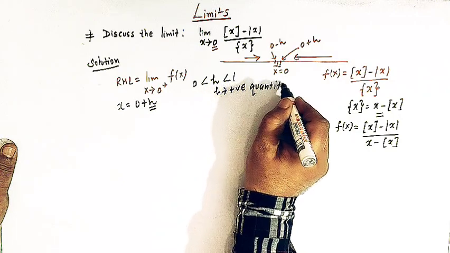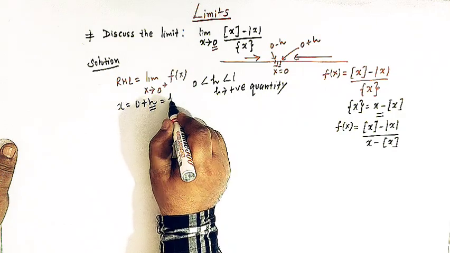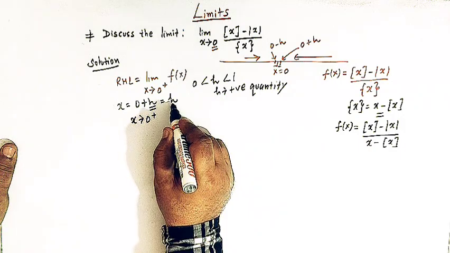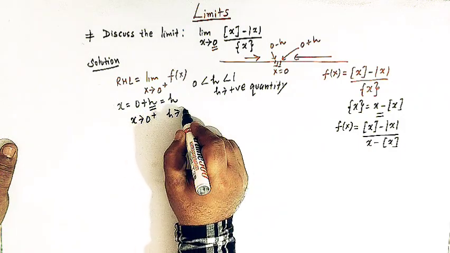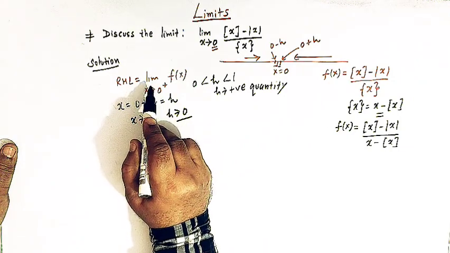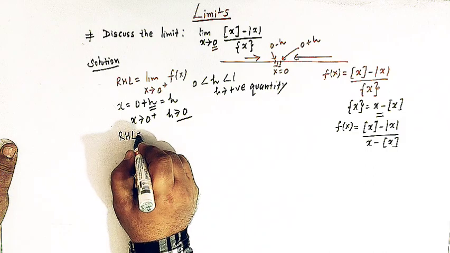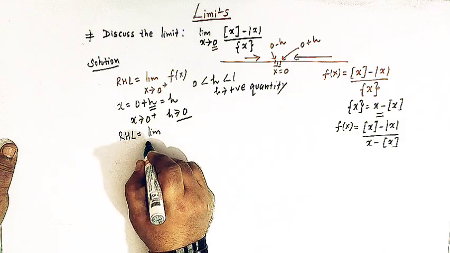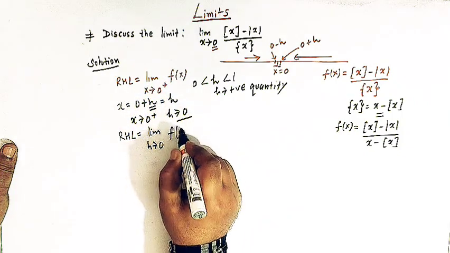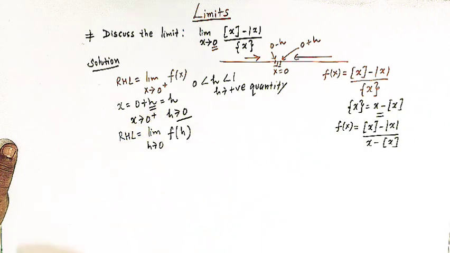So x is equal to 0 plus h, it means this is h, and when x tends to 0, obviously h also tends to 0. Transforming this limit in terms of h, the right hand limit equals limit h tends to 0 of f of h, because x is equal to h.